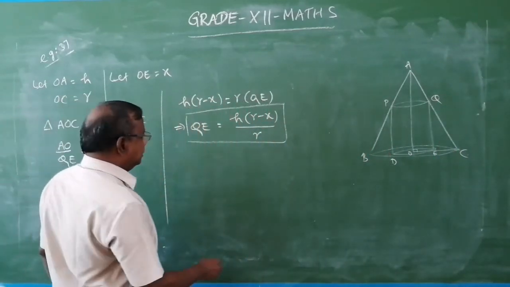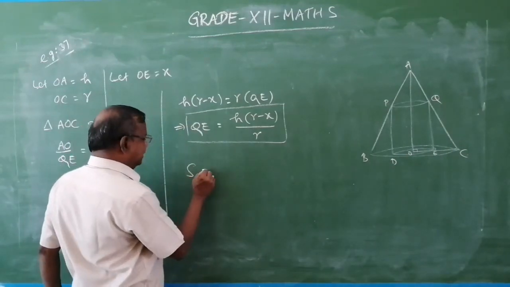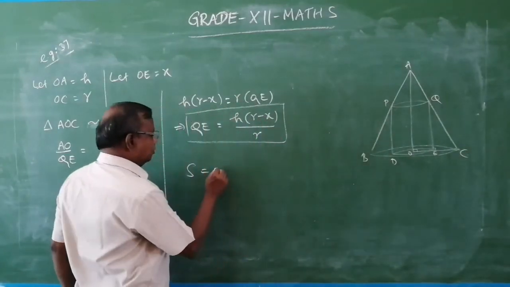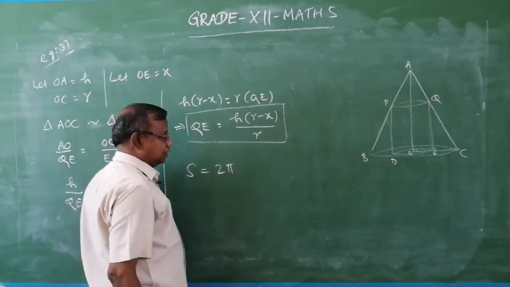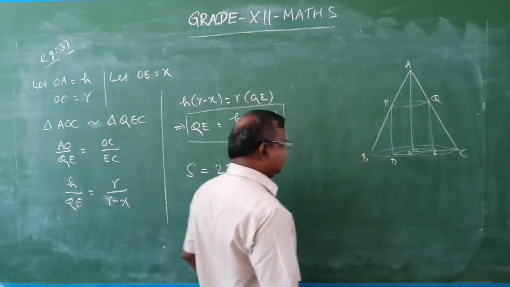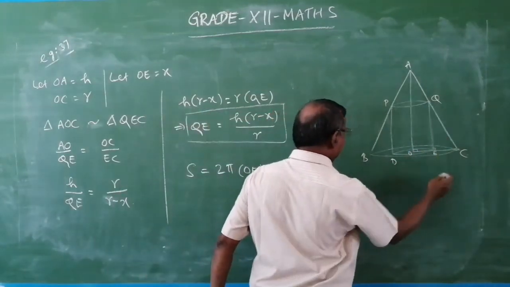Now, let us see the surface area of the cylinder, which is equal to 2 pi rh. Here r means the radius of the cylinder, that is OE, into height of the cylinder QE.